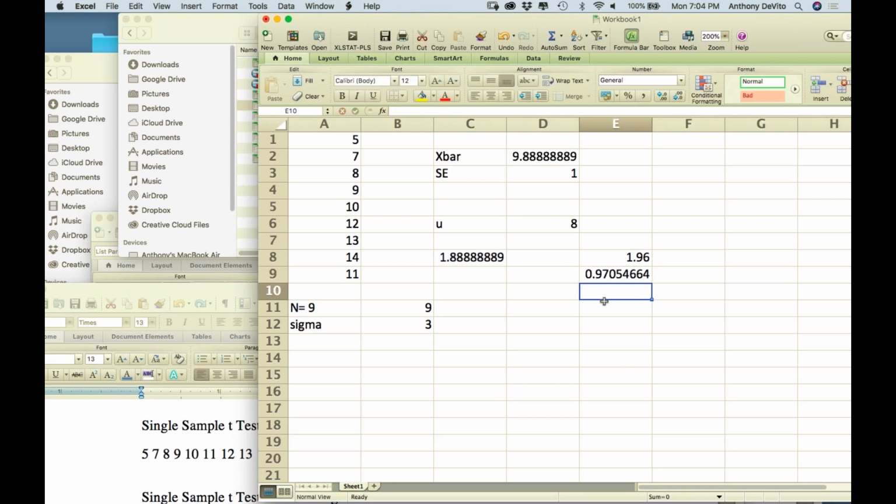Okay. The actual probability of getting this extreme of a value is 97. Let's see. Is it 97%? Is it 3%? Let me do it this way. 1.98 minus 1.96 over 1.